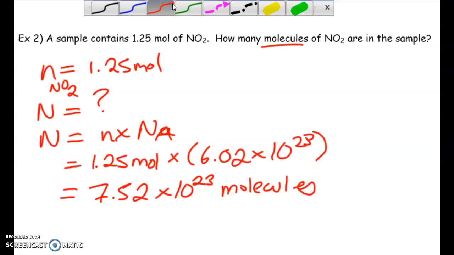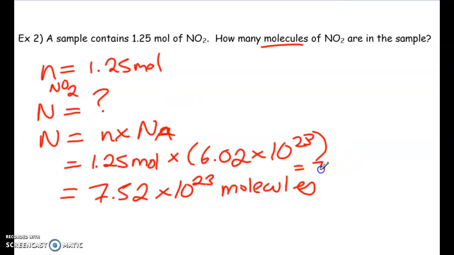All right, so actually we're going to need what the original value was. So the original value, I'm just going to put this up here, the unrounded one, it was 7.525 times 10 to the 23 molecules.